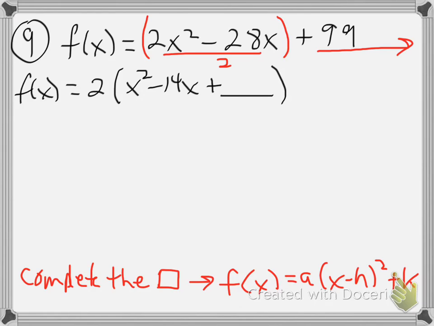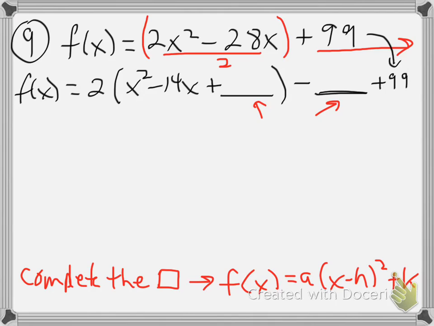And because I added something right here, I have to subtract something outside. It's the same amount as inside. So these have to be the same amount. And then of course I've got my plus 99 sitting outside there way out here, just brought over to stay out of the way till the very end.